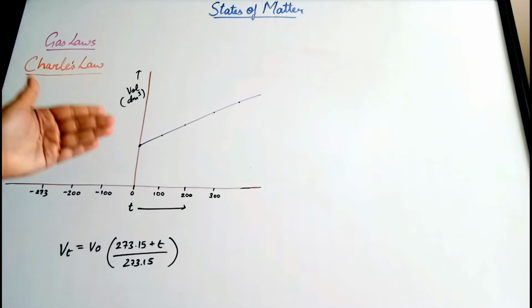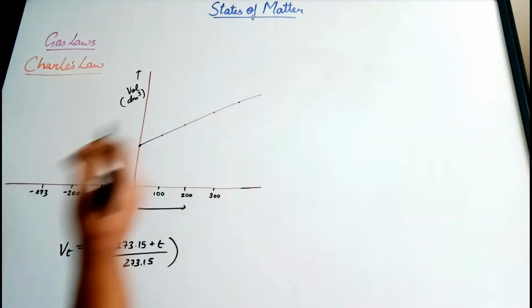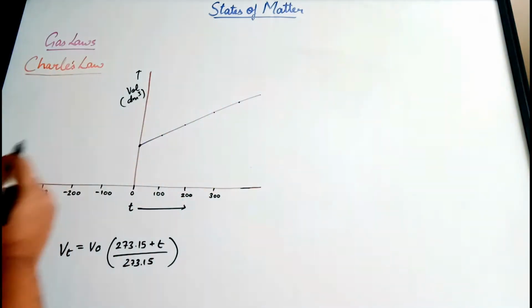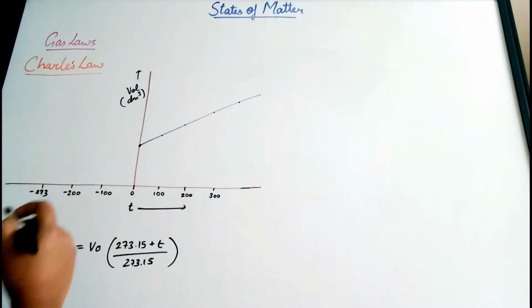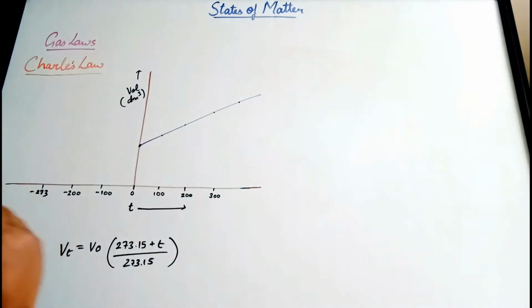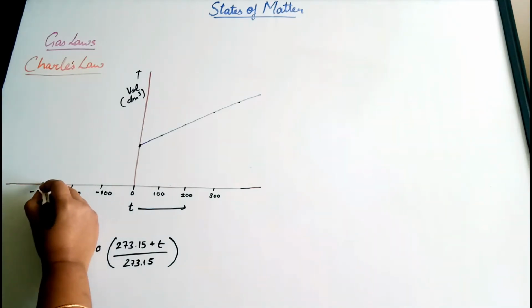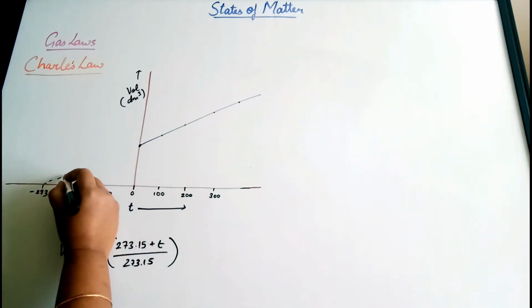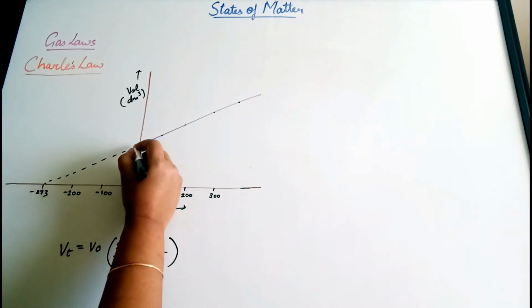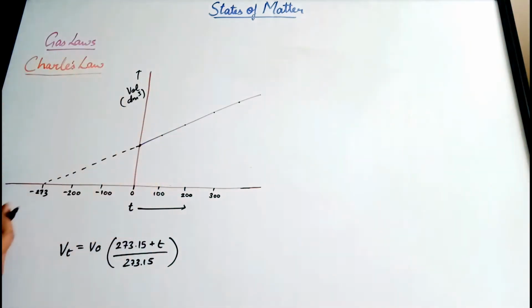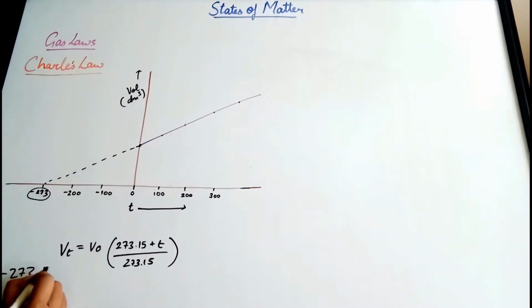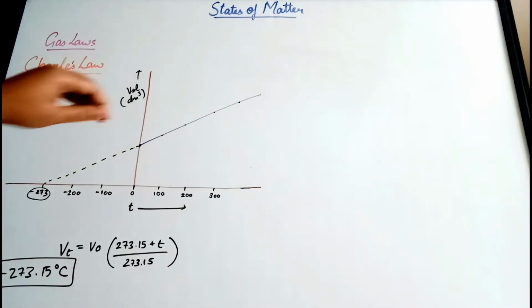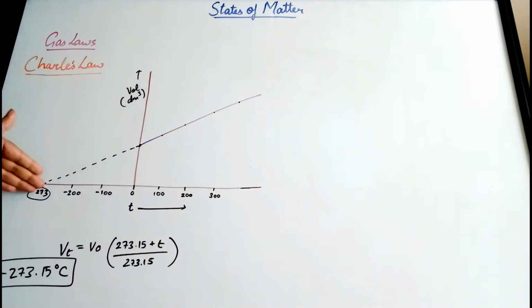So they tried to extrapolate the line to get a point where volume equals 0. It was found that this particular number, minus 273.15 degrees Celsius, was the point at which this line met the axis.